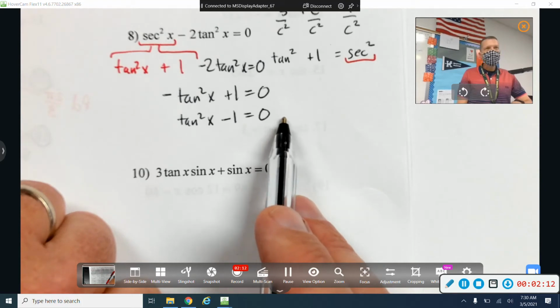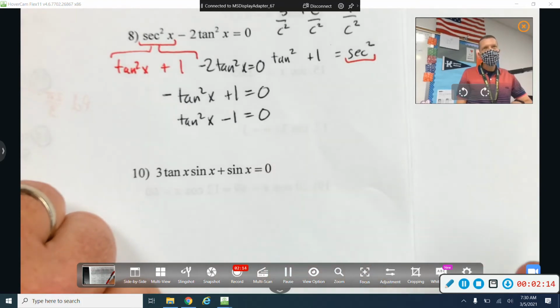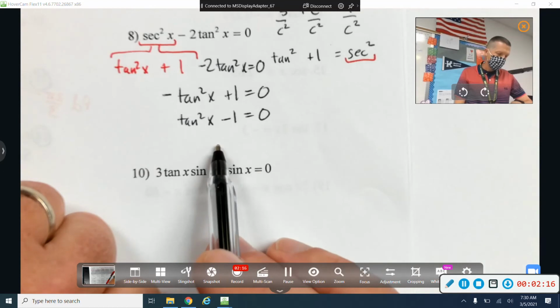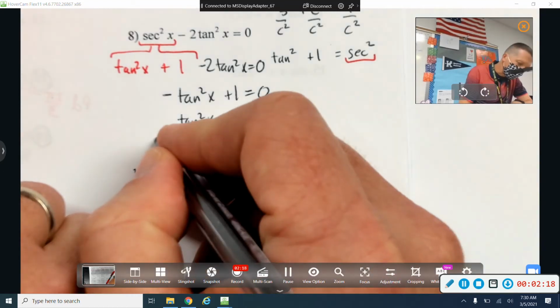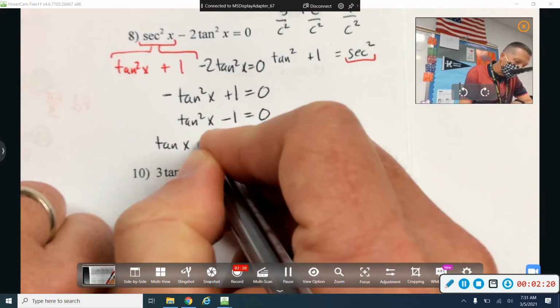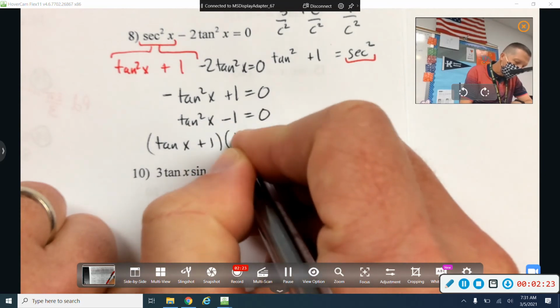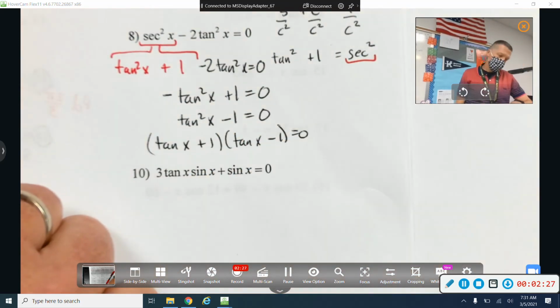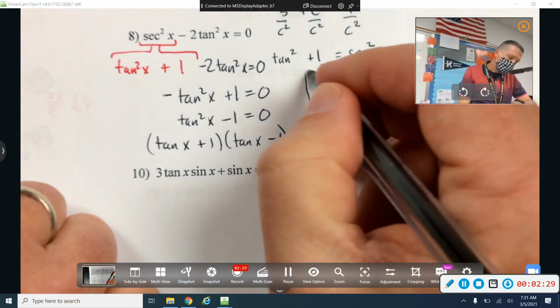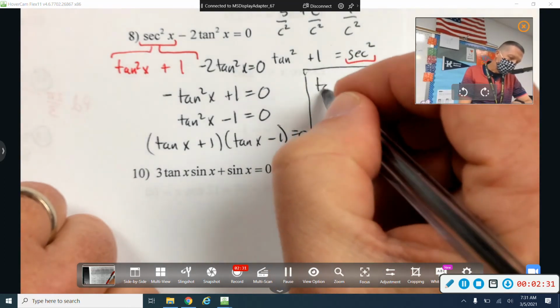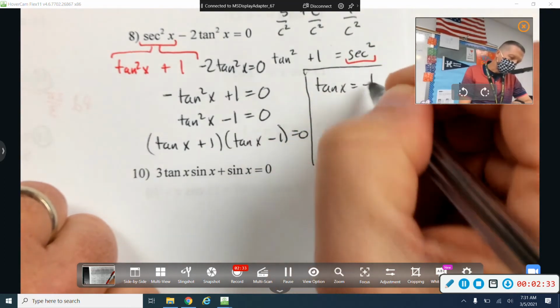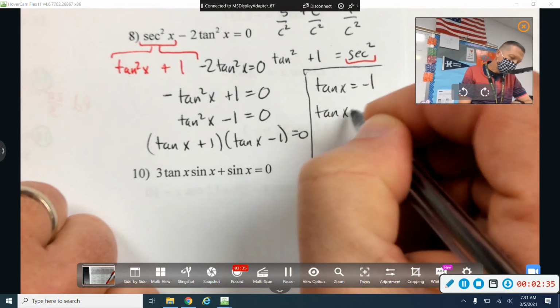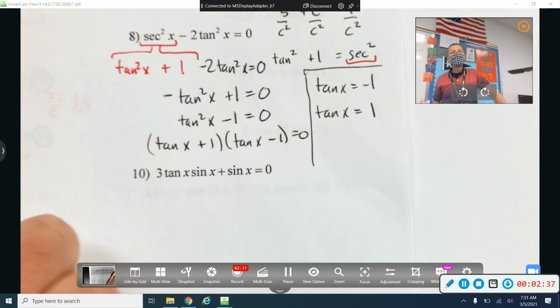Either way, I'm going to get plus or minus 1, so it doesn't really matter. I guess we have been factoring with this worksheet, so let's stick with that. Tangent x plus 1, tangent x minus 1. I'm out of room here. So that means tangent of x equals negative 1, or tangent of x equals positive 1.